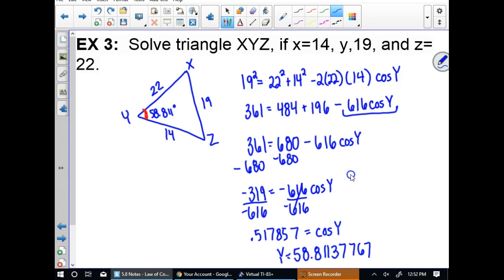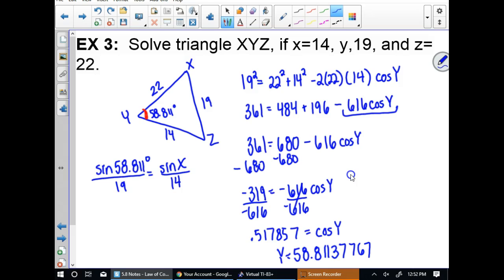So, since we have 58.811, we can say sine of 58.811 degrees over 19 equals sine of, let's see, Hannah, you will find x or z. Okay, so we find x, sine x over 14.